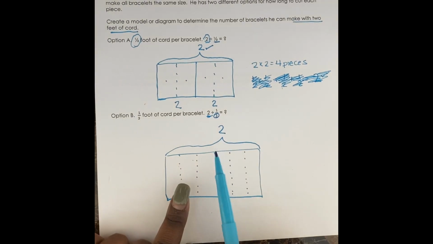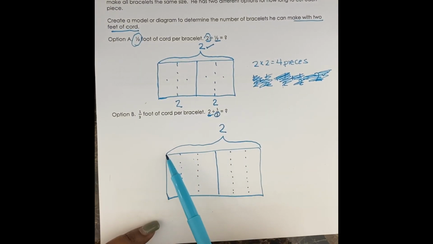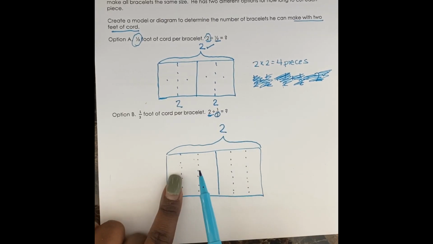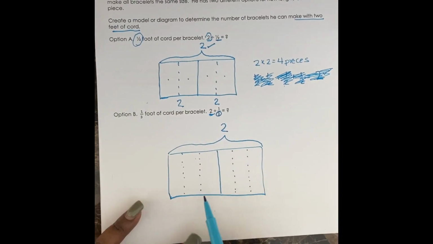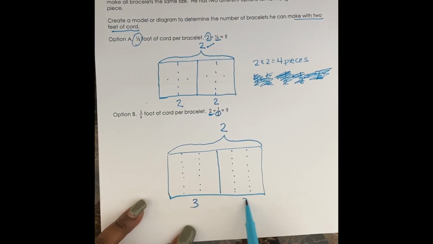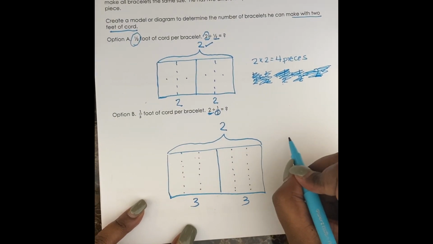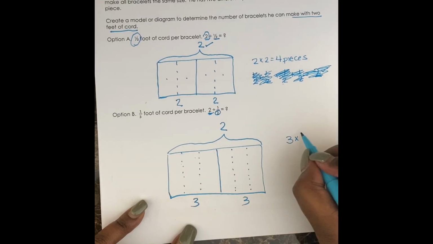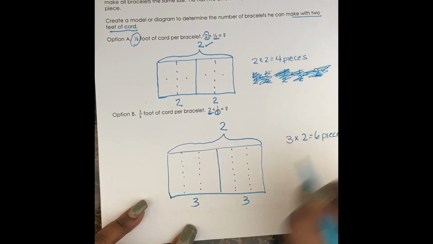So now we have here our dividend, which was 2, divided by our divisor, which was 1/3. We see that we have 3 pieces on each side. We can simply do 3 times 2, because we had 3, 2 times, giving us 6 pieces.